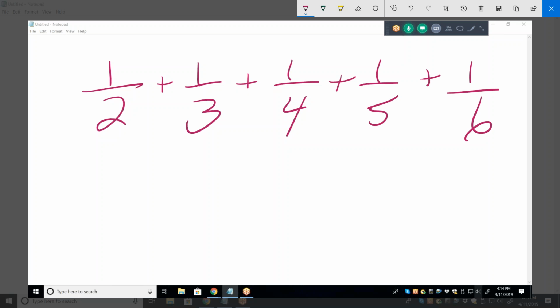Notice that if I start with whatever number I start with, the next two terms are greater than that number. 1/3 plus 1/4 is 7/12.